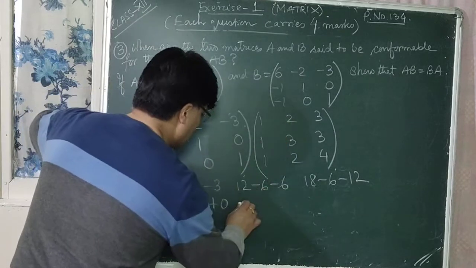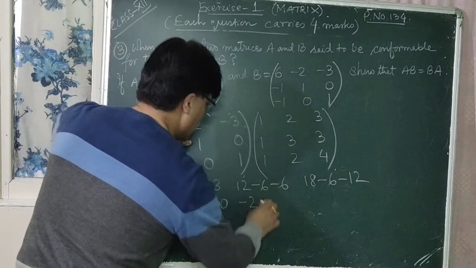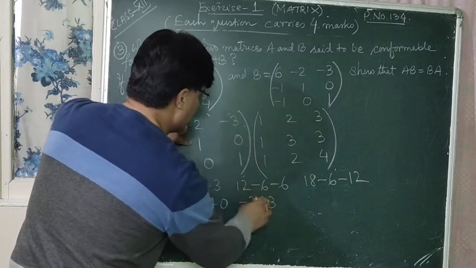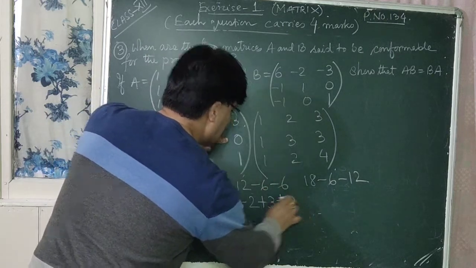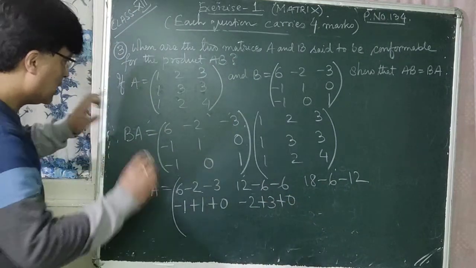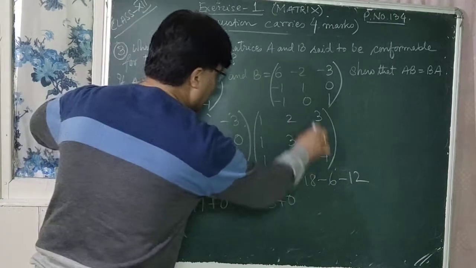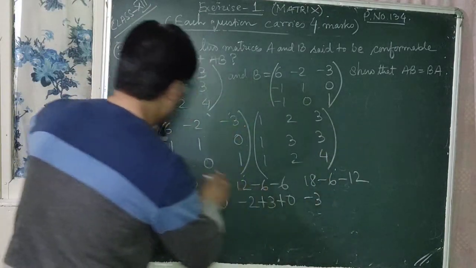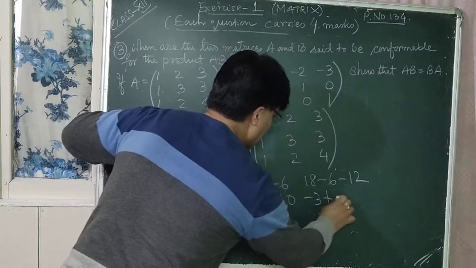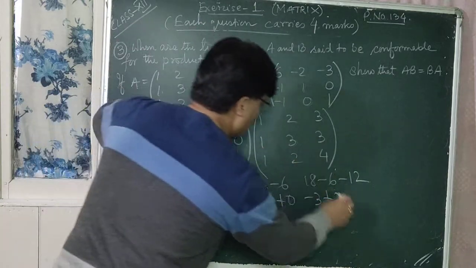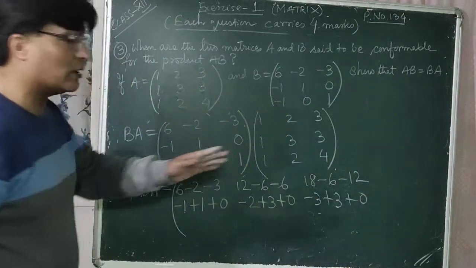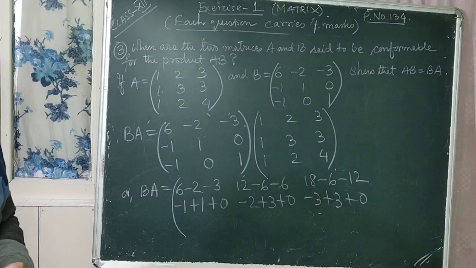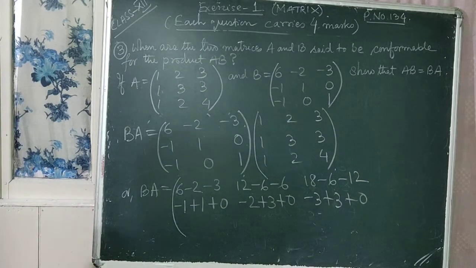Minus 1 into 2, minus 2, plus 1 3s are 3, plus 0 2s are 0. Next, the second row must be multiplied by the third column. Minus 1 into 3, minus 3, plus 1 into 3, plus 3, 0 into 4, plus 0. That is the third element of the second row. Is it understood?